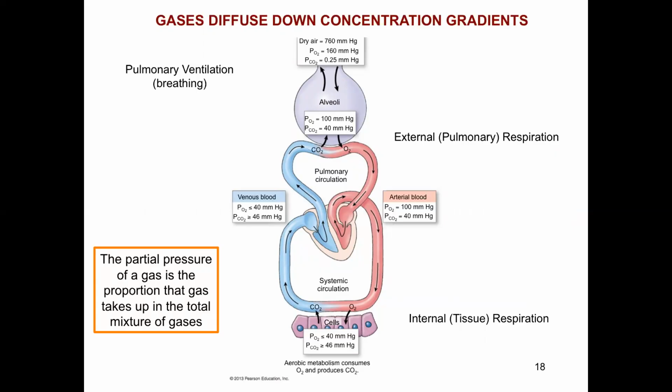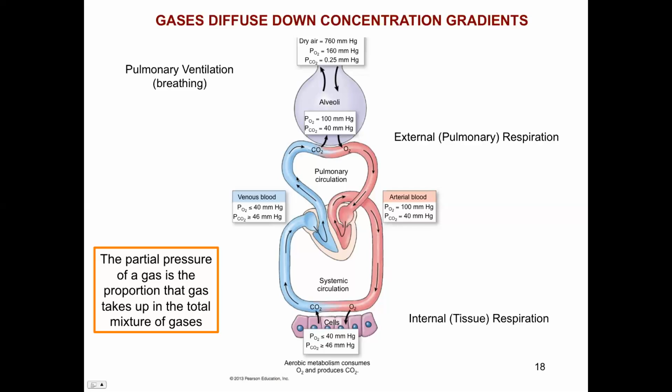If you look at dry air, the total pressure of all the gases in the air, including oxygen and CO2, is about 760 millimeters of mercury. This is at sea level. Where we're at here at the school is less because we're above sea level. But the point is some of that is oxygen and some is carbon dioxide, and about 160 is oxygen and 0.25 is CO2.